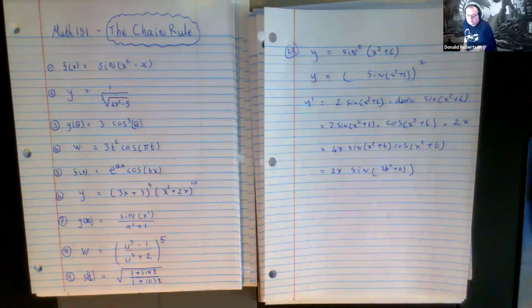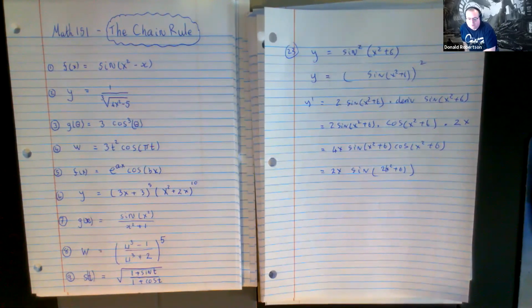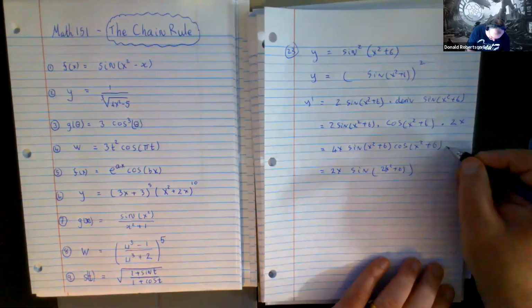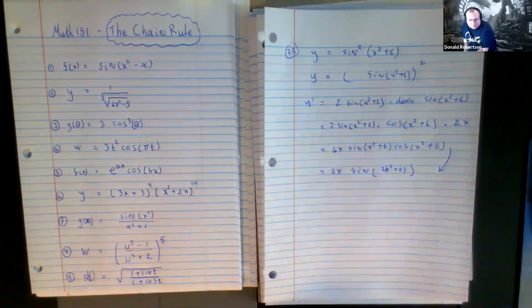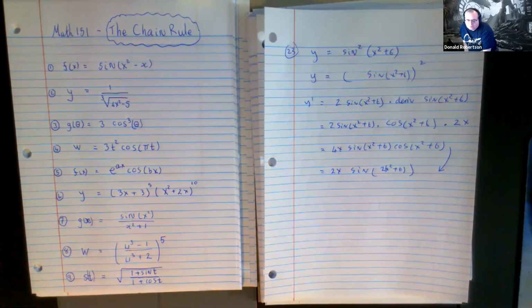I could also do that. Where the heck did that come from? What happened to the 4? It turned into a 2. What happened to the sine and the cosine? They turned into a single sine of 2x squared plus 6's. What just happened there?